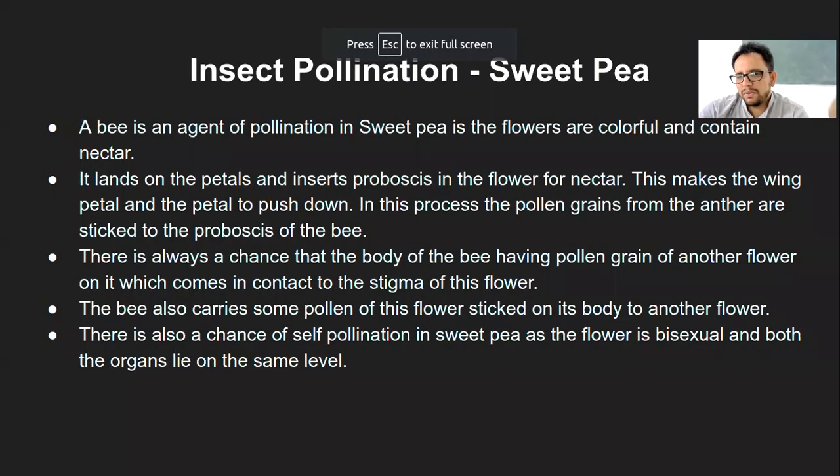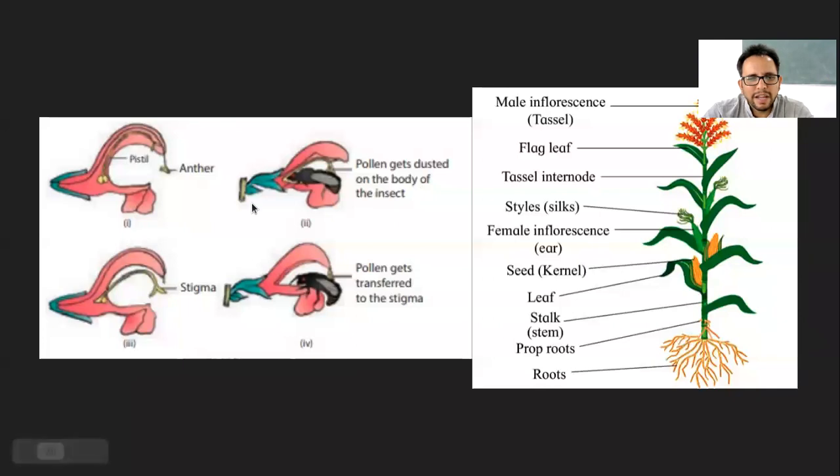Now this proboscis, when it is inside the flower to suck the nectar, will make the wings of that particular bee push down the petals. Again, this diagram is not exactly the same, but you can see that the nectar is somewhere here, and when the honeybee puts the proboscis inside the flower to suck the nectar, the anthers will get attached either to the body, the proboscis, or the wings and so on.